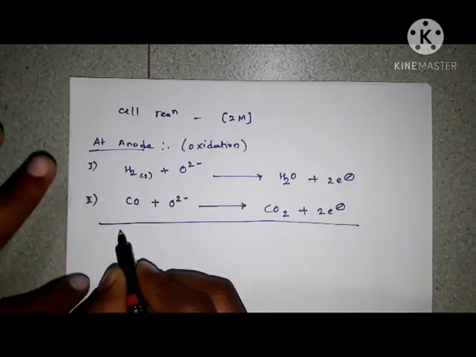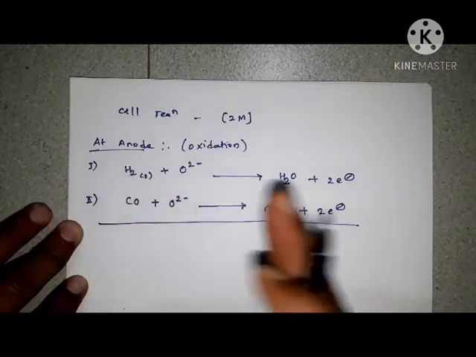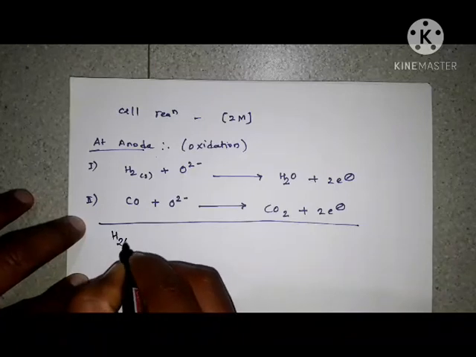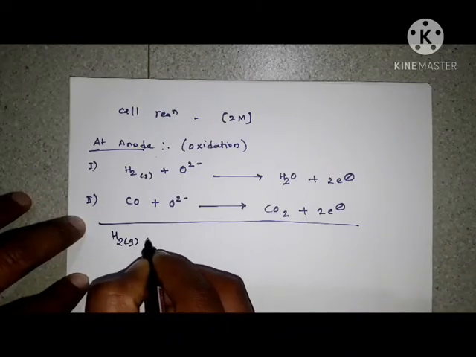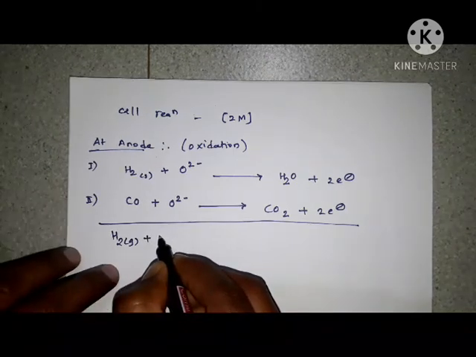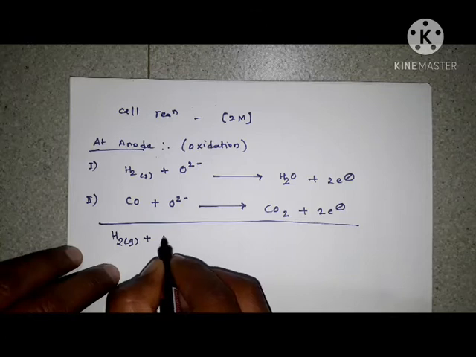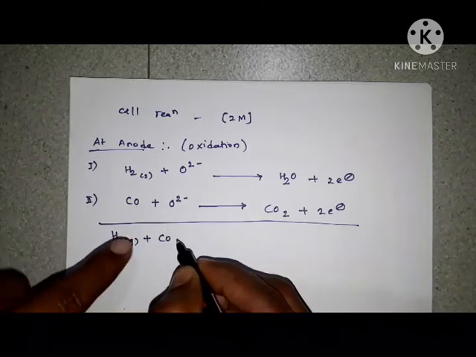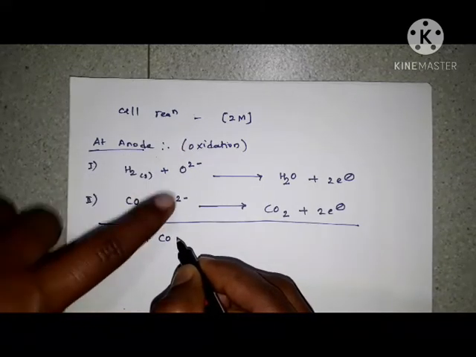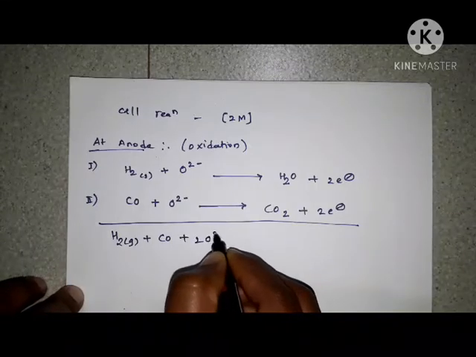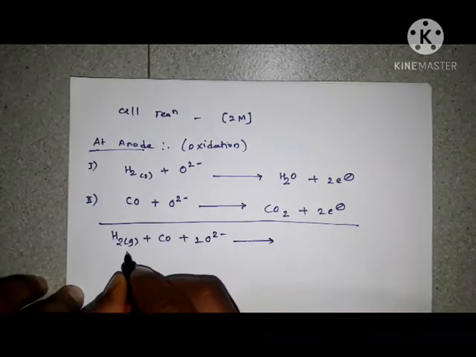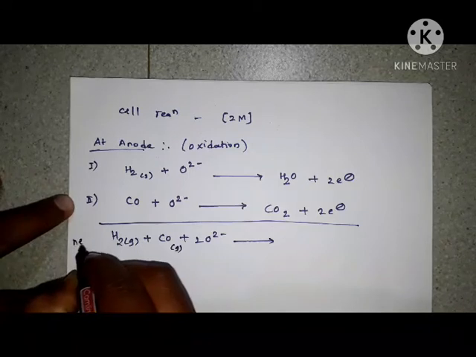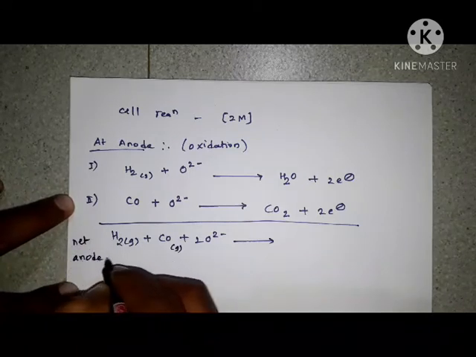Simple, we just write all the left side and right side molecules. On the left side we have H2 gas plus CO, then 2 O2 minus, that is O2 minus and another O2 minus.